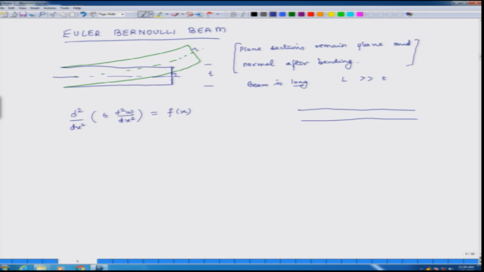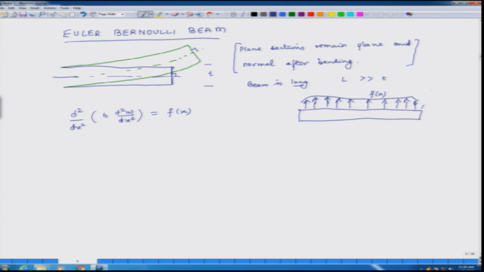Suppose I have a beam and it is having some vertical load which is distributed in nature, then this distributed load I call F of x.